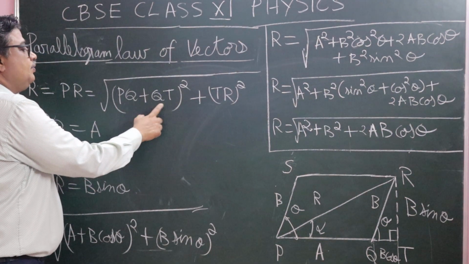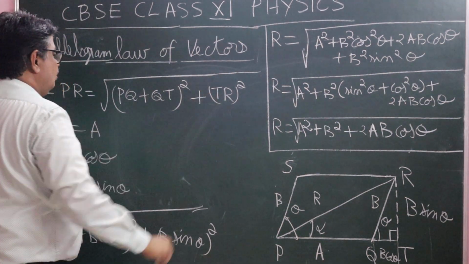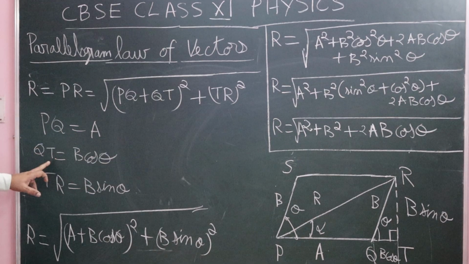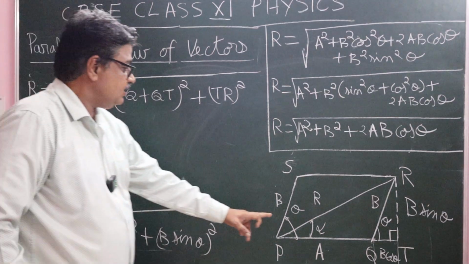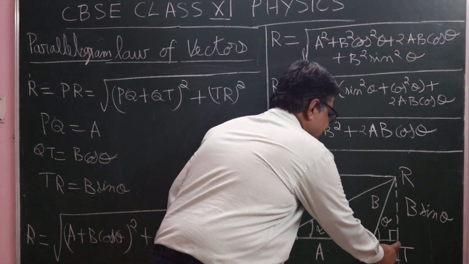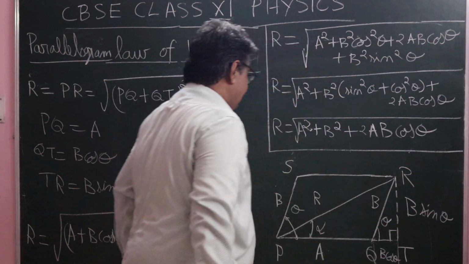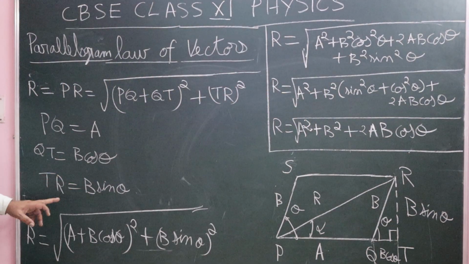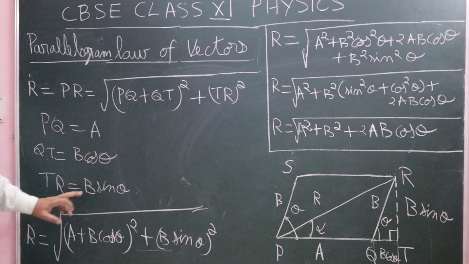PQ is equal to A. Because this is a right angle triangle, QT is equal to B cos theta and TR is equal to B sin theta.